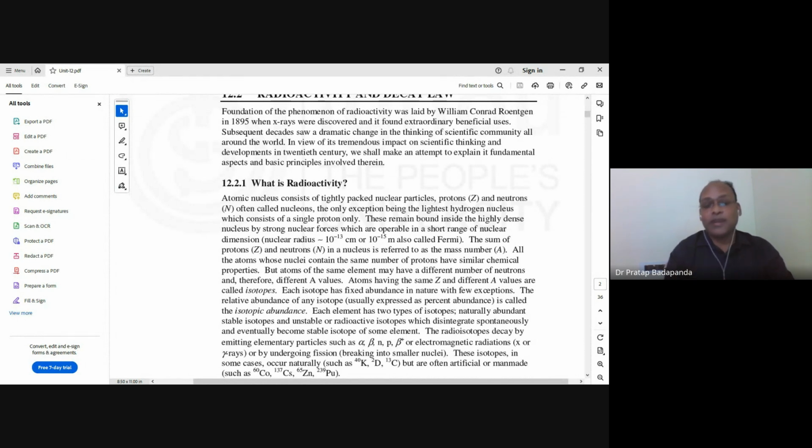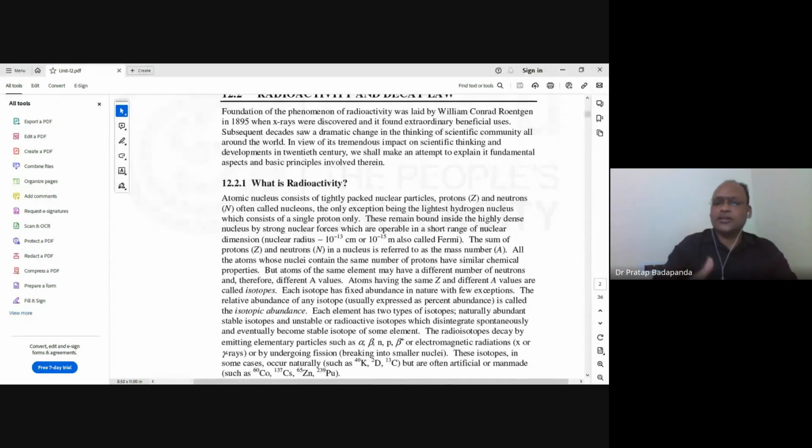Atoms having the same Z and different A values are called isotopes. I gave you the example of the isotopes of hydrogen: protium, deuterium, tritium.